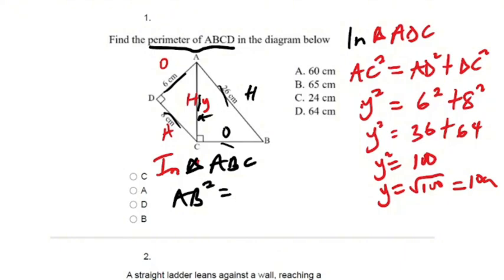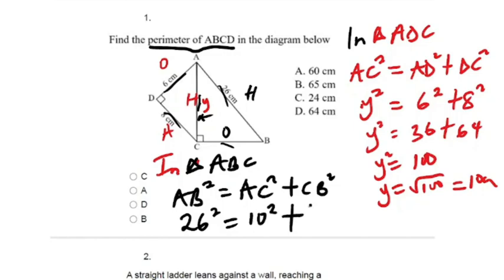So AB squared equals AC squared plus CB squared. So 26 squared equals AC, which we just got, 10 squared, plus CB squared. That is what we were looking for, so let's make it X. That is X squared.